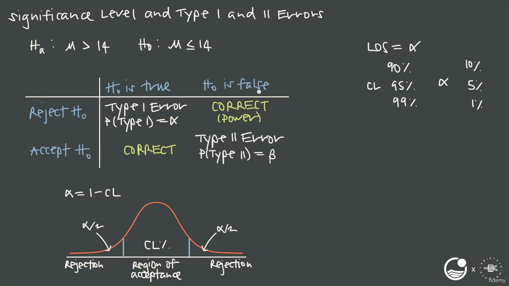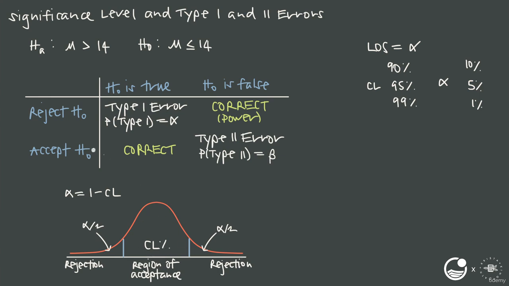So if the null hypothesis is false, and we're hoping to make a correct conclusion, which of course we are, then we need to fall in the region of rejection because we need to reject the null in order to make a correct decision when that null is false. But as confidence level increases and alpha value decreases, and these two boundaries here push out further away from the mean toward the tails, this region of acceptance in the middle grows.